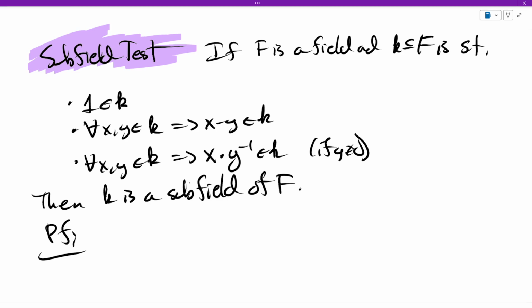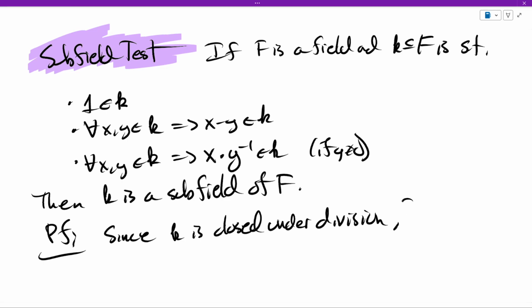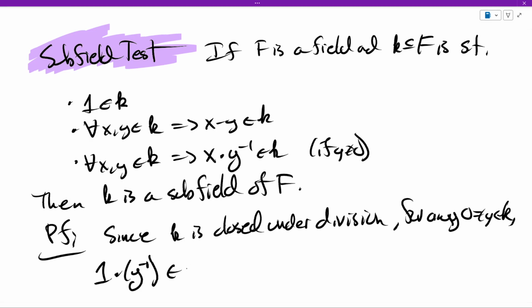Okay. All right, so let's just notice something. Since K is closed under division, for any non-zero y in K, which exist because 1 is in K, 1 times y inverse is also in K, because that's what it means to be closed under dividing by y.